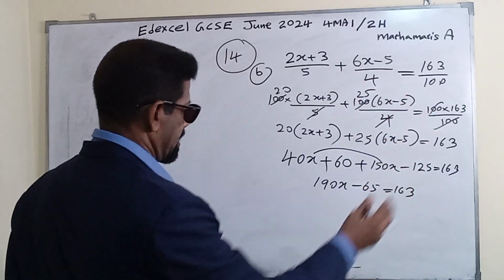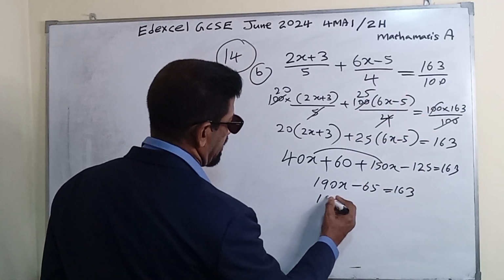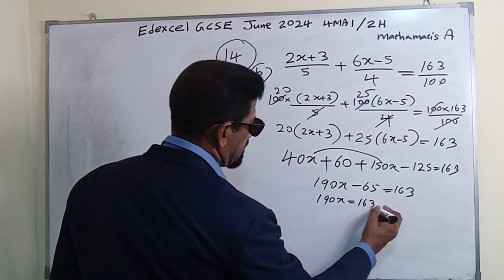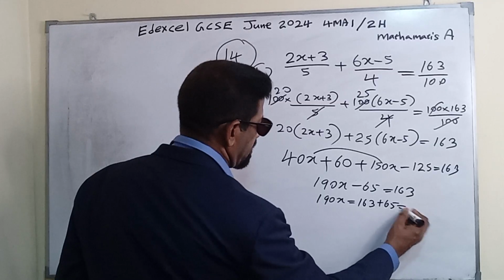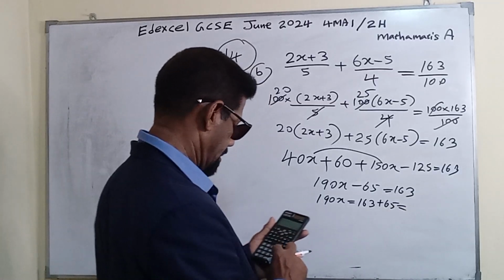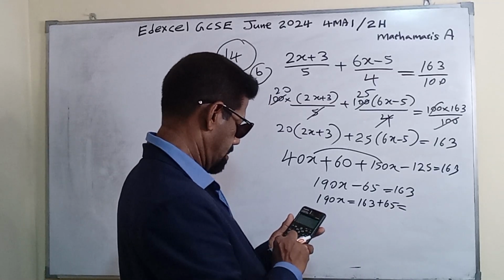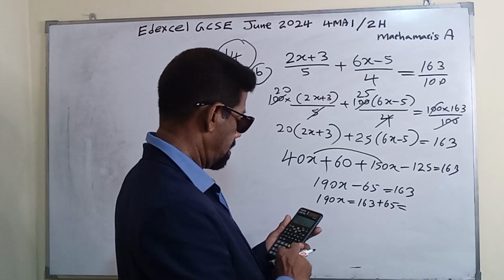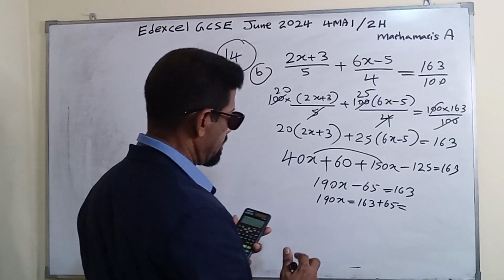So moving to the other side: 190x equals 160 plus 65.